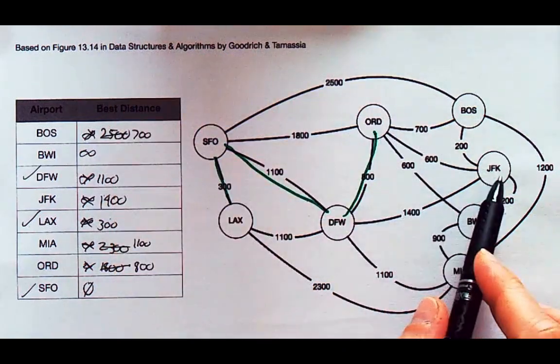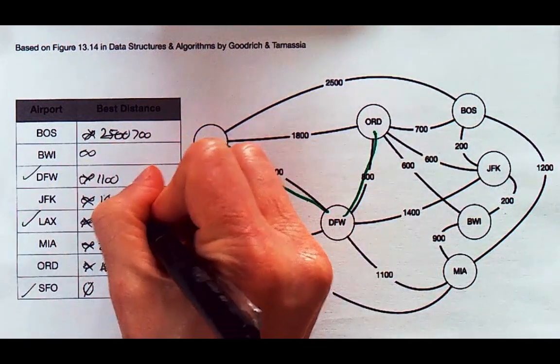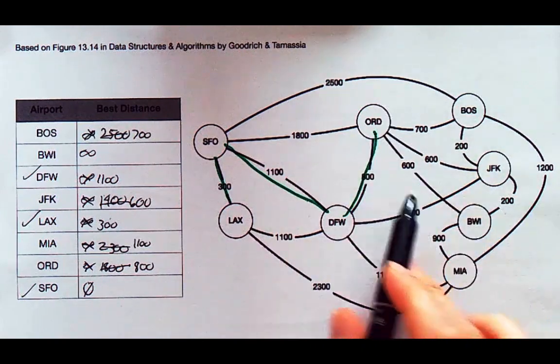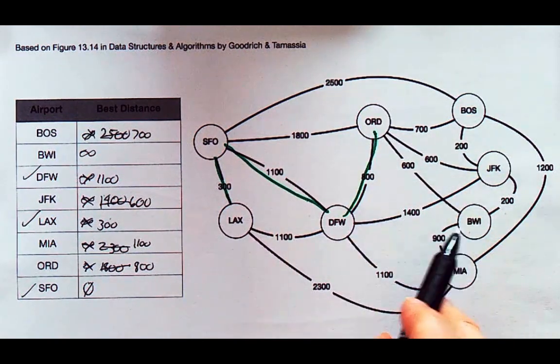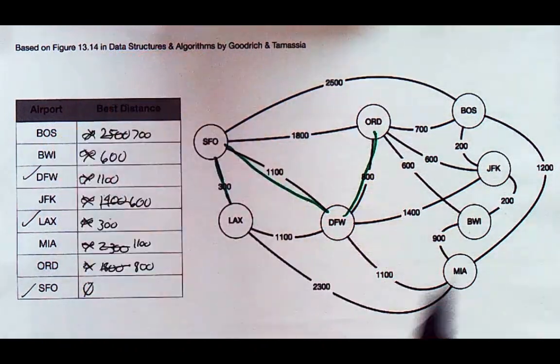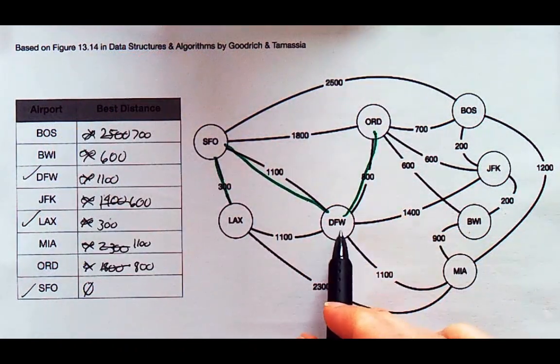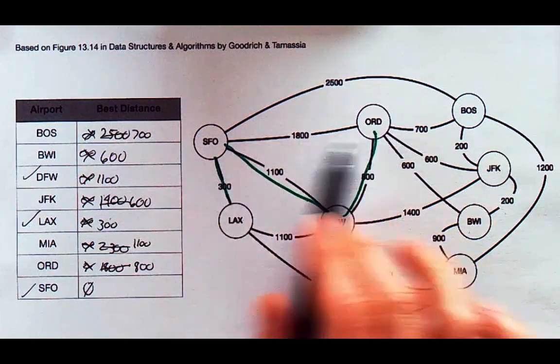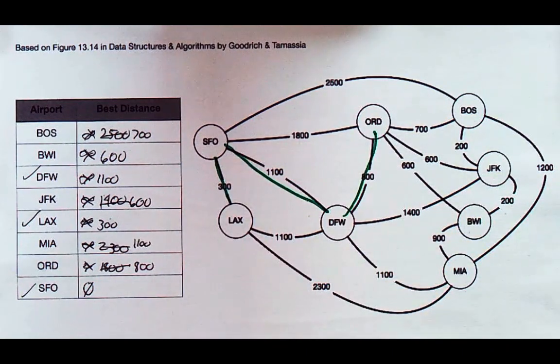We'll update that. JFK at 600. So we'll update that. Baltimore at 600. Oh, it's better than infinity. Then we'll update that. That's great. We could go back to Dallas-Fort Worth, but again, it's already connected. We could go back to San Francisco, but it's already connected. So at that point, I'm done processing O'Hare.